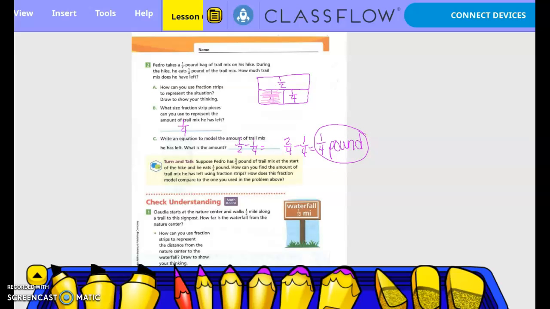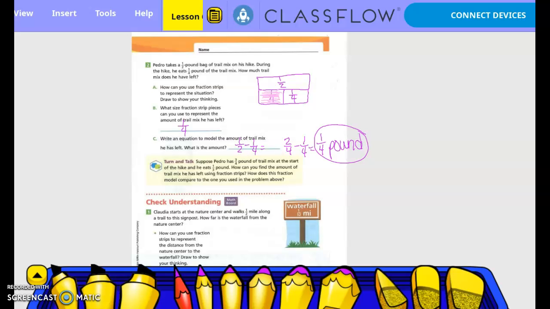Check understanding. Claudia starts at the nature center and walks 1/2 mile along a trail to this signpost. How far is the waterfall from the nature center? So, how can you use fraction strips to represent the distance from the nature center to the waterfall?